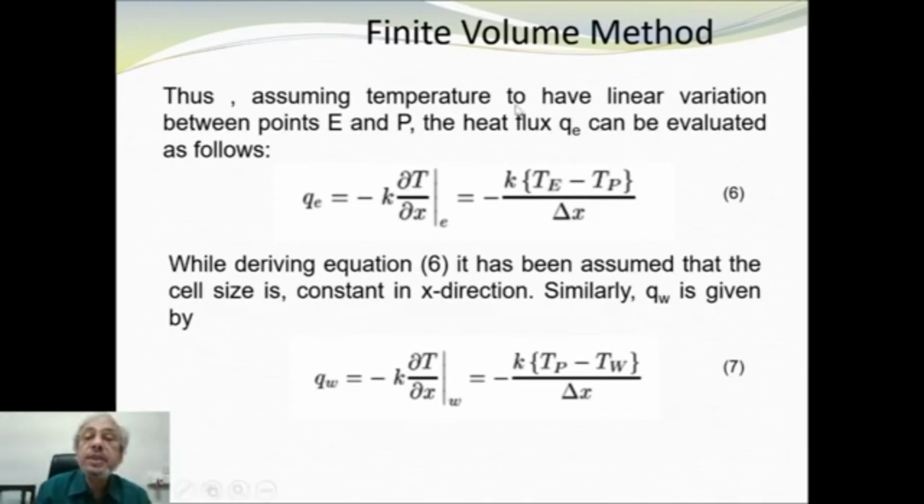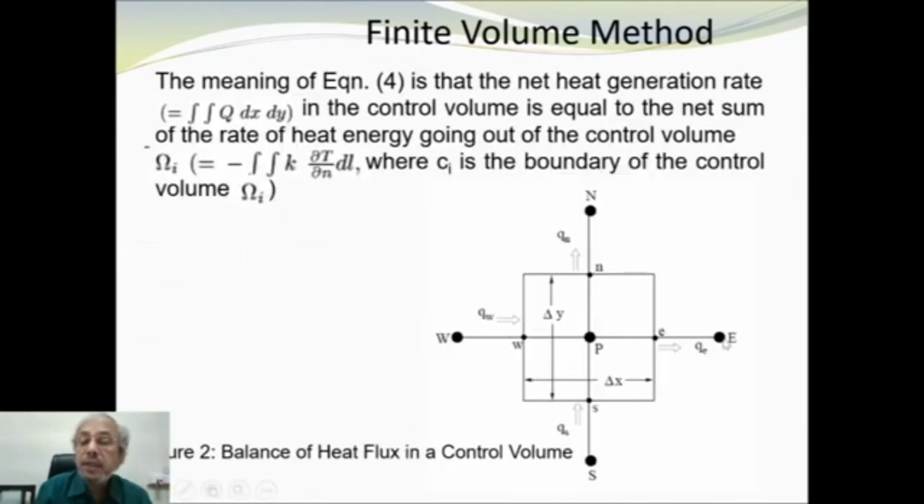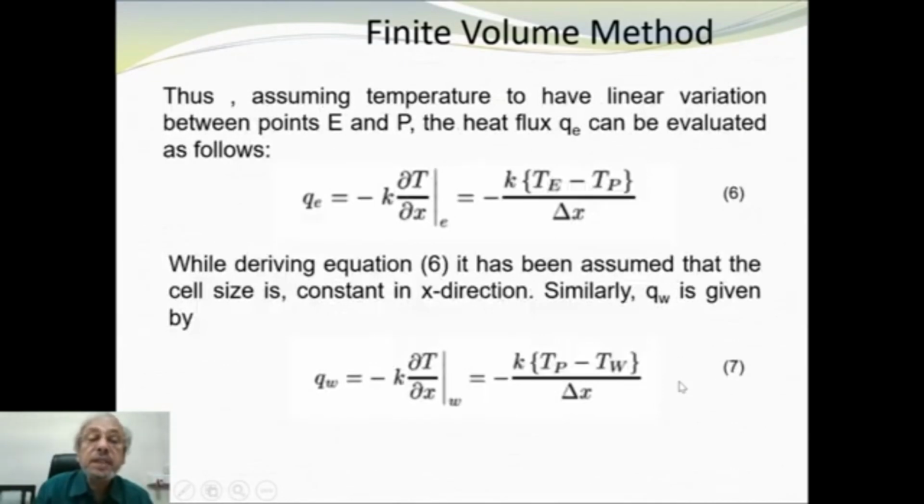So thus, assuming temperature to have linear variation between points E and P, that means again we go back to this figure, whatever the temperature at E and the temperature at P, the difference between these two temperatures will define the heat flux at QE. Similarly, the difference between the temperatures at P and W will define the heat flux at the western surface. So we are exactly doing that.